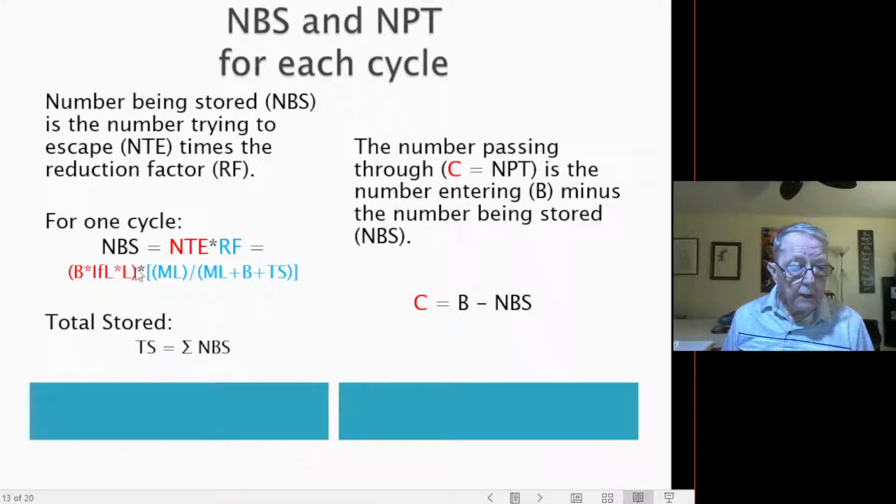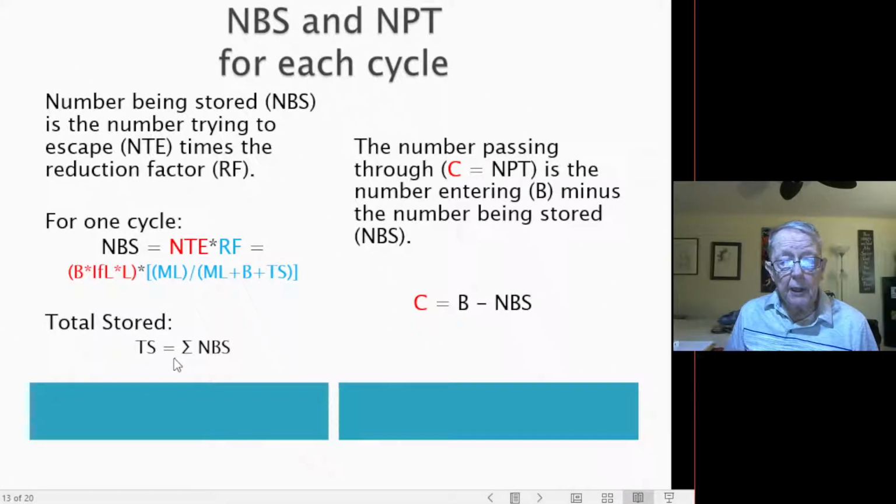So this is the equation for the number trying to get out, and this is the reduction factor, prohibiting them at the beginning. It lets them all through, all being stored. And as this ML over a very large number gets close to 0, almost none are stored. A large number stored at the beginning, a small number stored at the end.